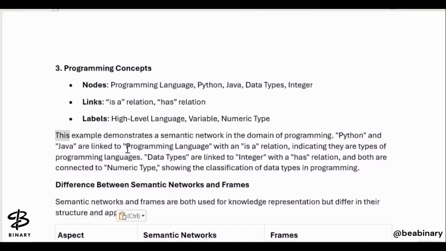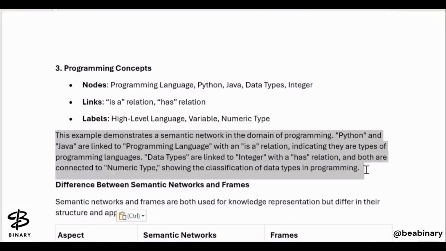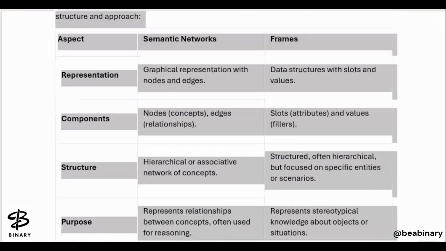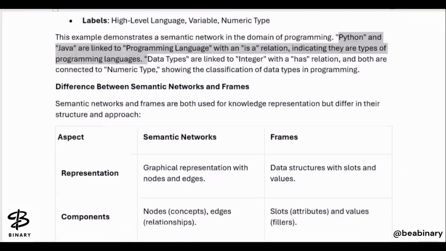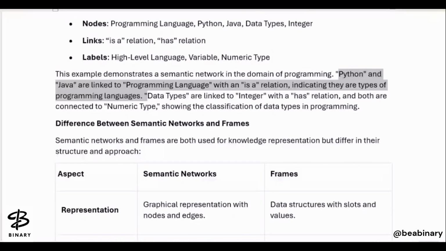So here the domain specific knowledge we can provide is programming, where Python and Java are linked to programming language with an is-a relation, indicating they are types of programming language, right? So here simply we are talking about Python and Java. Then we talked about data types, which are linked to the integers with a has-a relationship: a data type has an integer type, or a float type, or a character type.